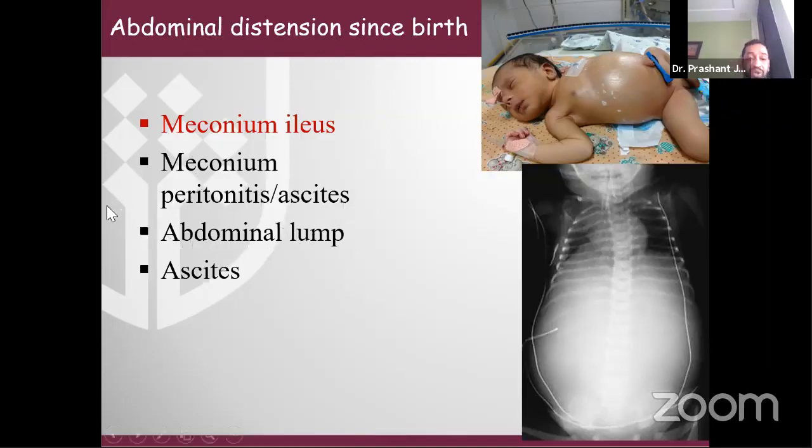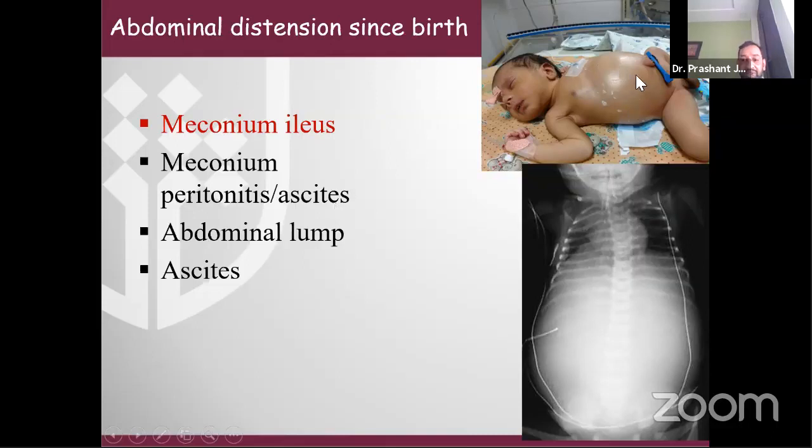Number 3, it can be because of some congenital abdominal lump, maybe some liver mass, renal mass, or any tumors. Number 4, ascites because of any reasons. It can be ascites because of urinary leakage, or ascites because of cardiac problems. So for distension right from the birth, the 4 possibilities should be kept in mind.